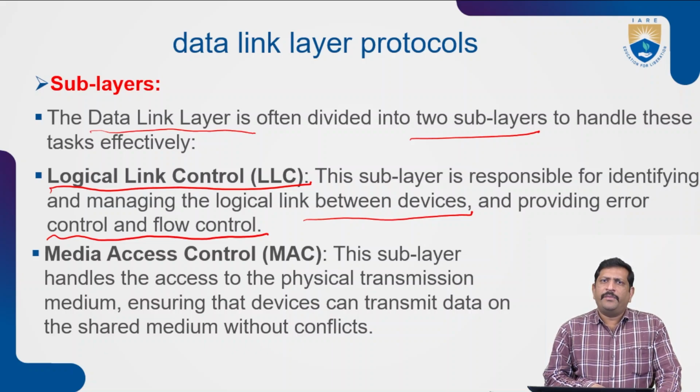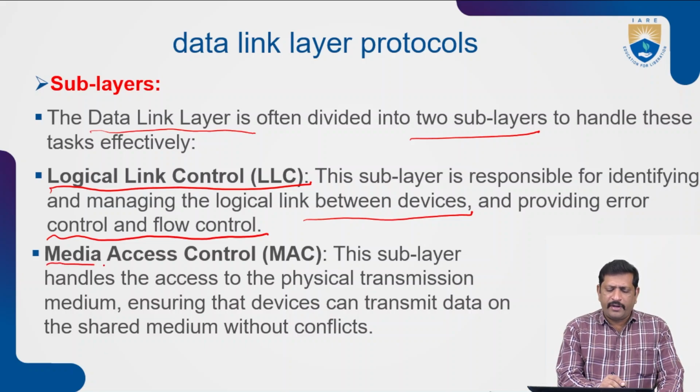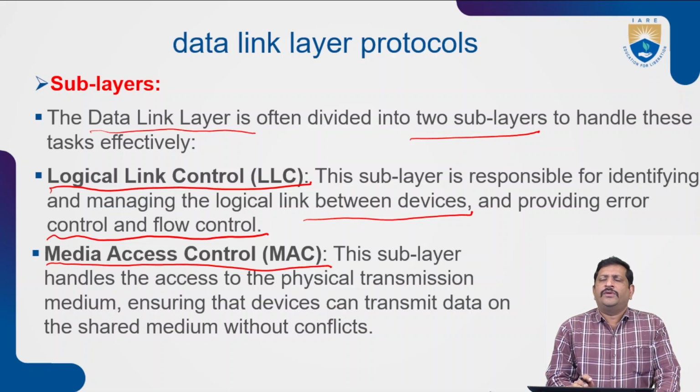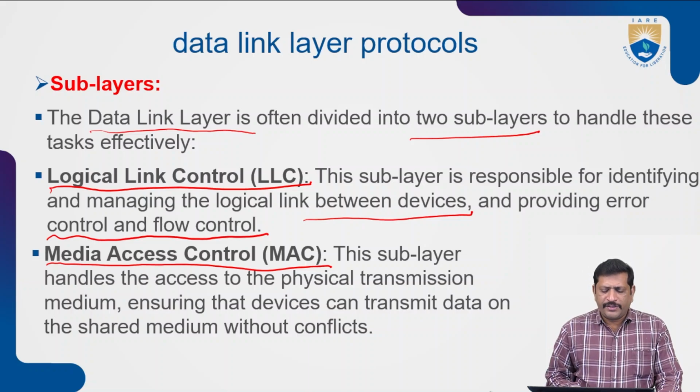Next is the medium access control, that is the MAC address. The device is first identified with the help of the MAC address. Each and every device has its own MAC address. By identifying the device, data can be transmitted on a shared medium without conflicts.